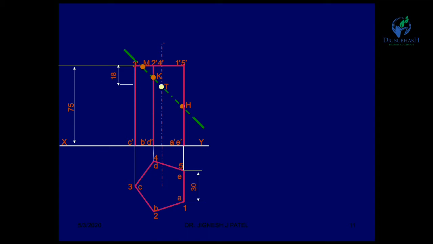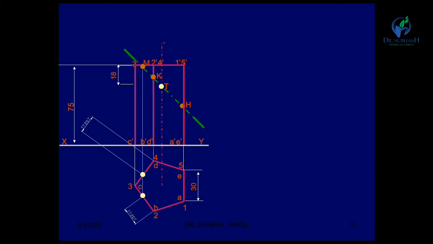Now we have to project all these points, H, T and M, onto the top view. This point M is in between 2 and 3 and 3 and 4. Now project this point M here, these 2 points are there, and the projection of point K. Find the distance between 3 and 4 and 2 and 3.